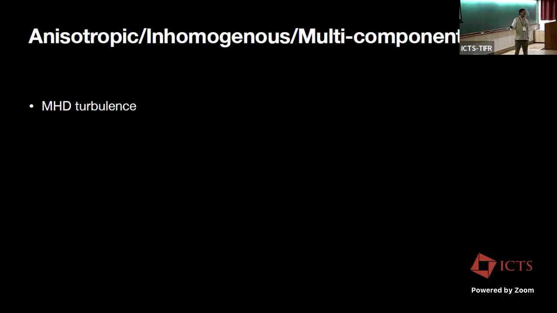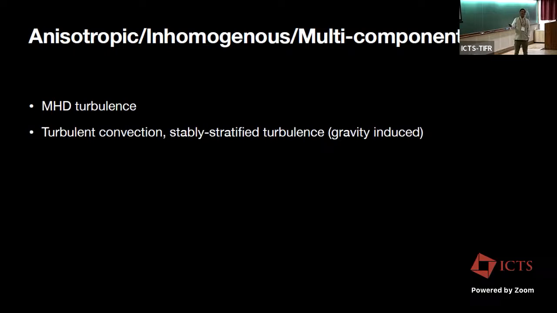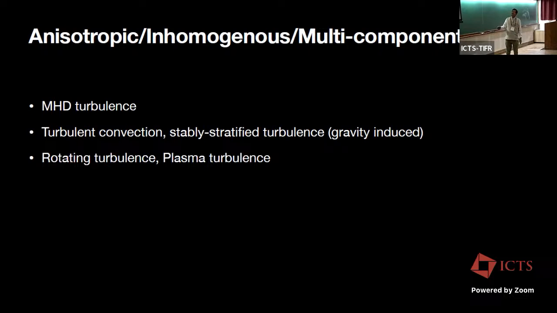Inhomogeneous flows like pipe flow and convection, they're all inhomogeneous, anisotropic, multi-component flows. So here field theory can help, and people have attempted to use field theory, but there are complications. I think they're not easy to apply. For example, there is no very good field theory for turbulent convection. There is some work, but not much.